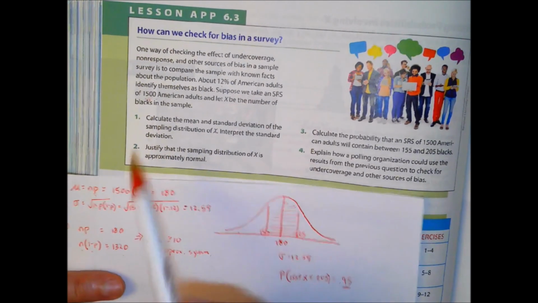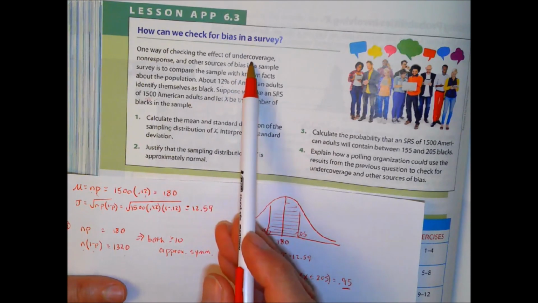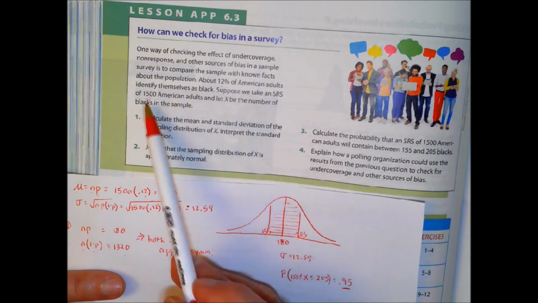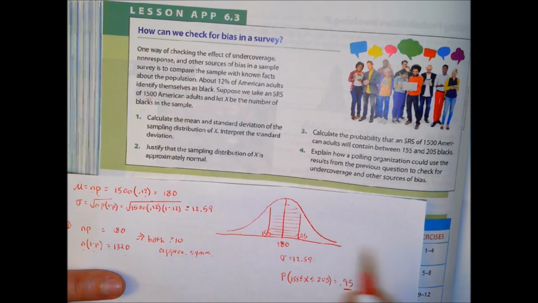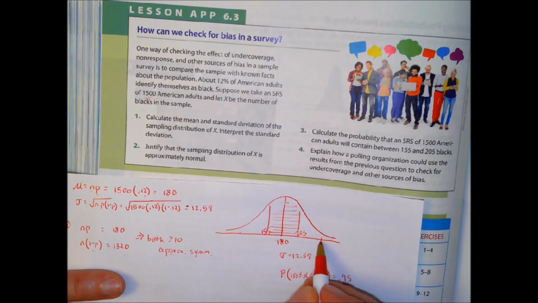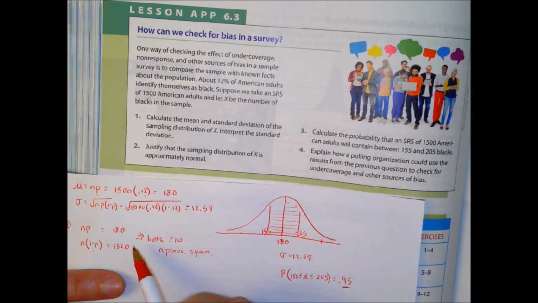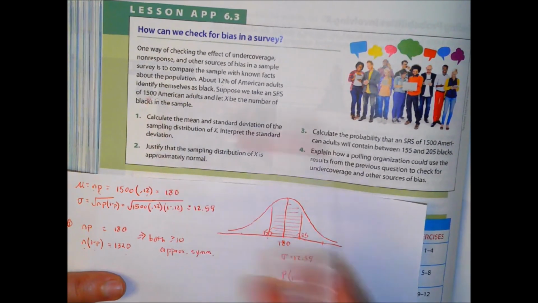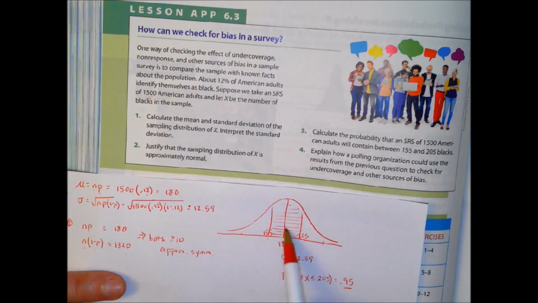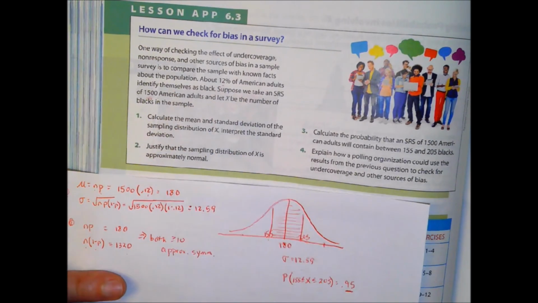That probably tells me that I have a lot of undercoverage. There should be a lot more black people in this survey to make it an accurate representation of all the people in the U.S. Or if I get 300 black people out of the 1,500, that means I probably have bias in some way because I'm getting more blacks than I really should according to the population percentages.